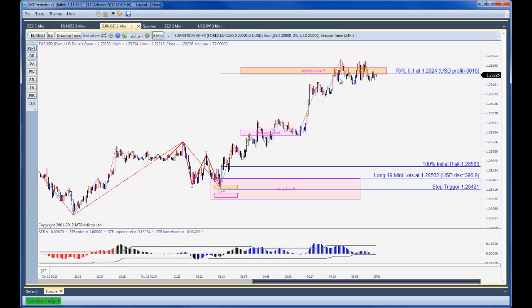So therefore this has the highest profit potential for the smallest initial risk. And as you can see here, this is exactly what's unfolded, where we're returning a potential profit of 9 times the initial risk, or potential profit of $3,600 approximately, for just under a $400 US risk.